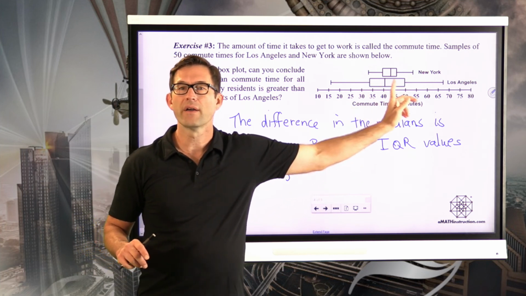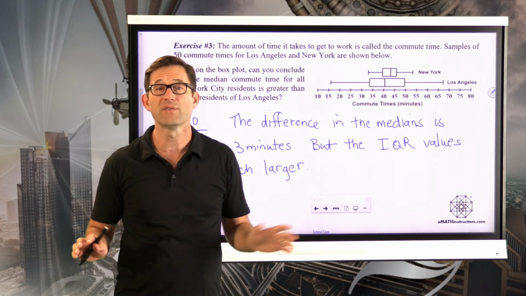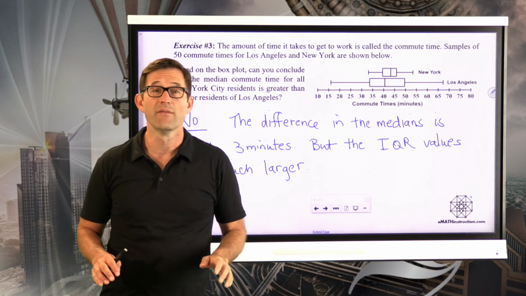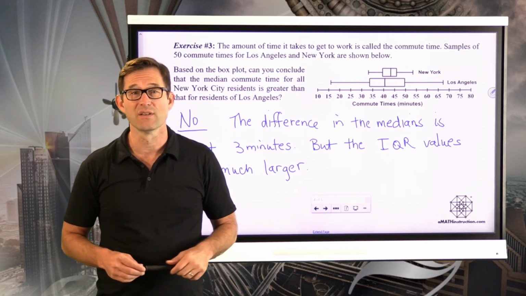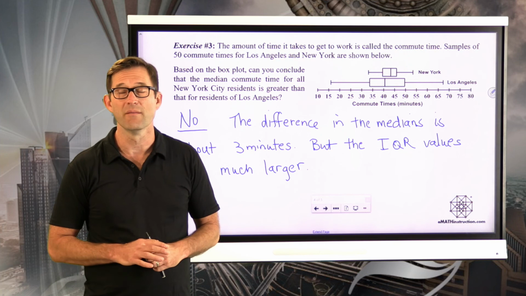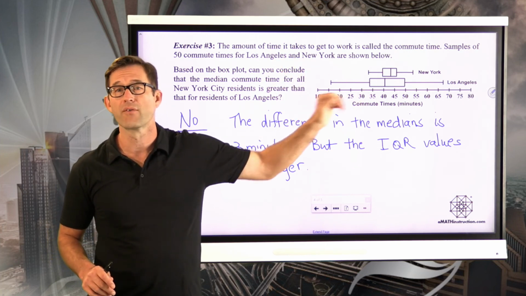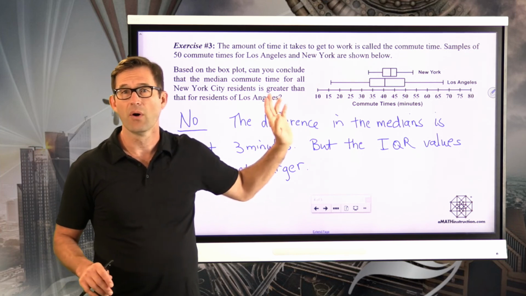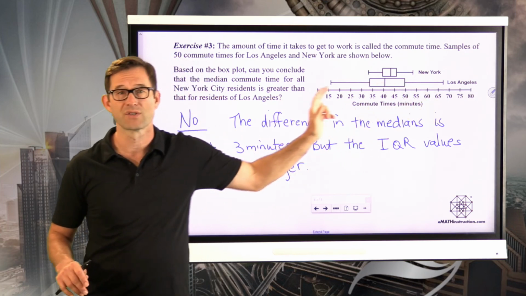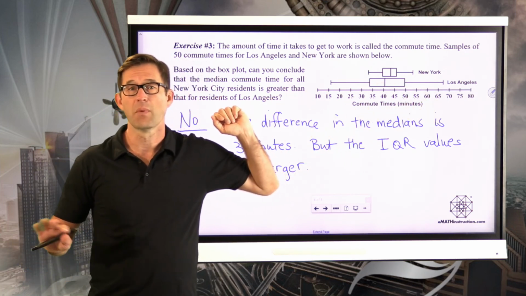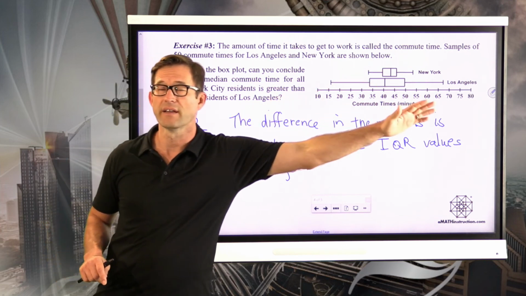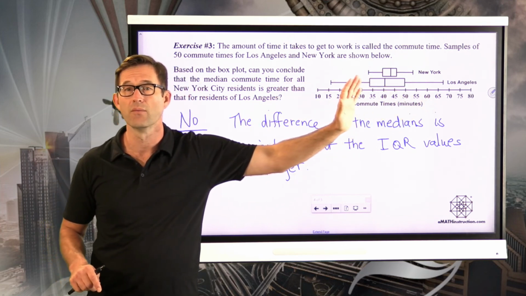The IQR value for Los Angeles is about 15 minutes, give or take. By the way, if you live in either New York City or Los Angeles, you probably know why that is. Most New York City residents will take the subway or walk to work, so it's pretty predictable. Los Angeles folks take a lot of cars to work, with less public transport there, so their times can vary much greater.